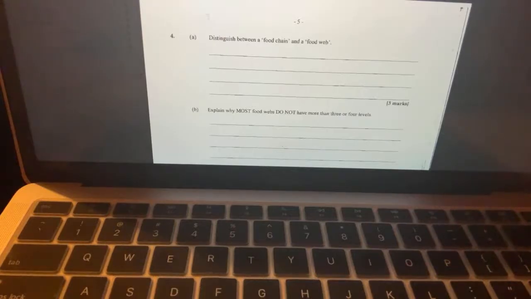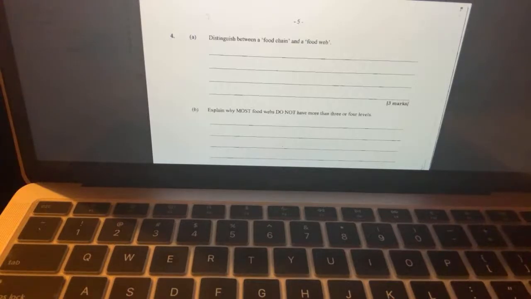Any questions? So another way you can put it is that in a food chain, the organism at the higher trophic level feeds on specific organisms in the lower trophic level, while for a food web, an organism of higher trophic level has access to more members of the lower trophic level. Right?